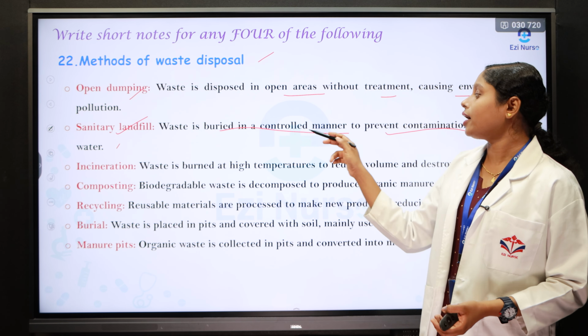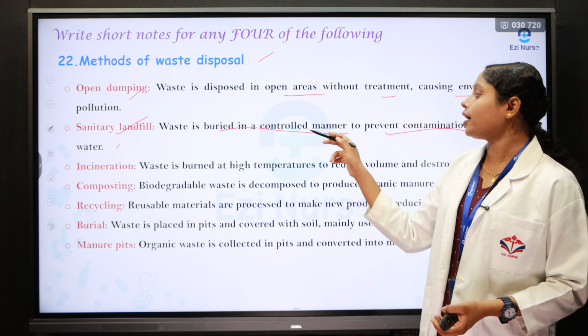Next one is recycling. Reusable materials are processed to make new products, reducing the waste. Then burial. Waste is placed in pits and covered with soil, mainly used in rural areas. Then manure pits. Organic waste is collected in pits and converted into manure for agriculture. So these are the methods of waste disposal.